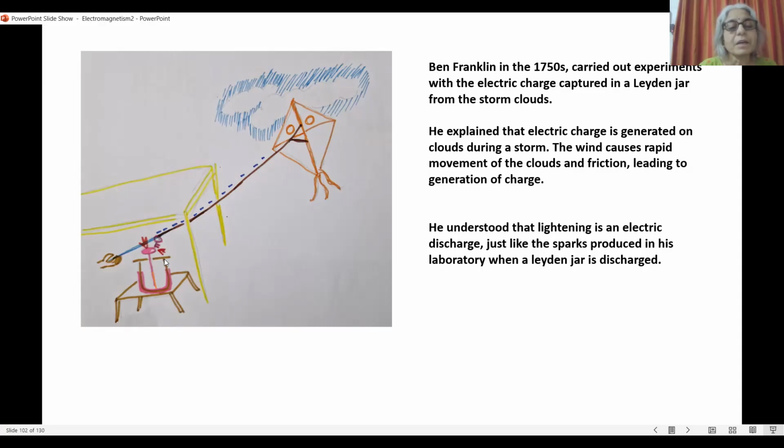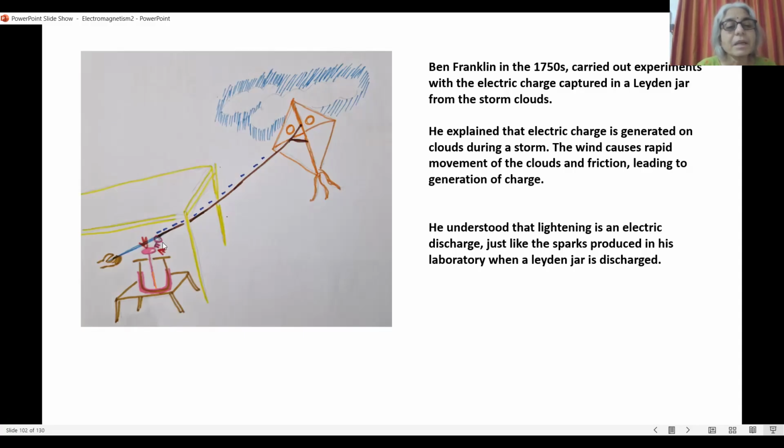And when he brought other metal objects, using an insulating handle, close to this key, sparks would fly between them. That means charge is moving from one object to the other. So he verified that there is electricity coming down from the clouds, at the same time protecting himself.